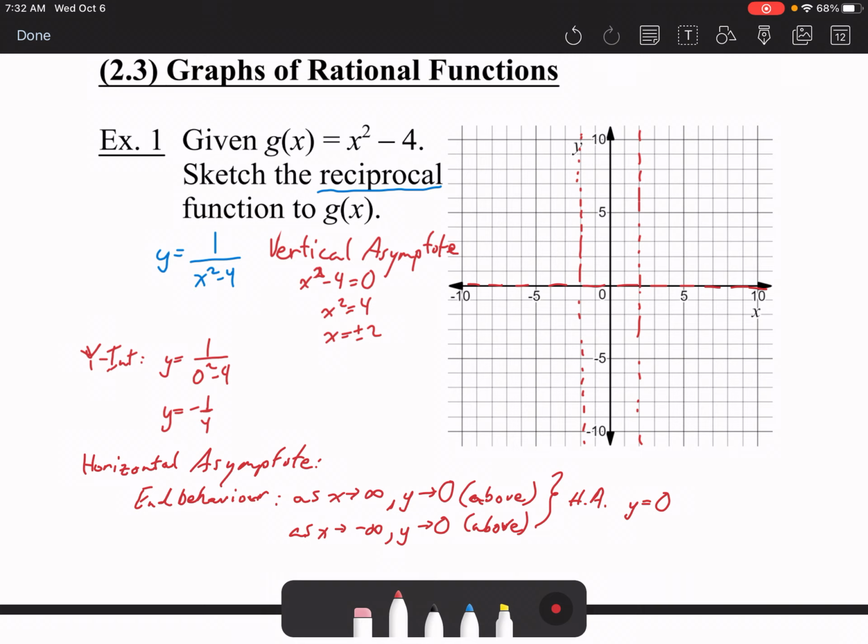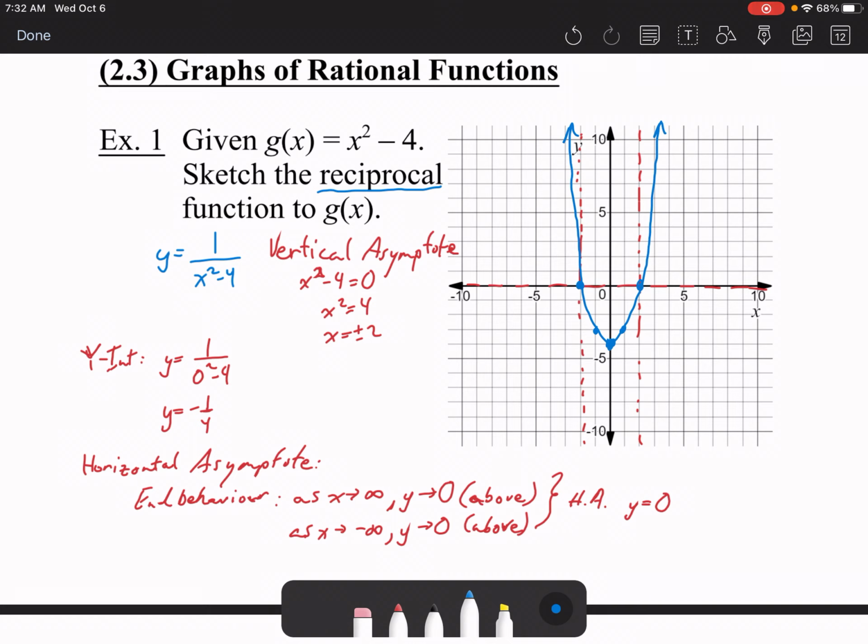Now, we could also draw y equals x squared minus 4 here, which was our original graph. Pretty good sketch of it, or something close to it.